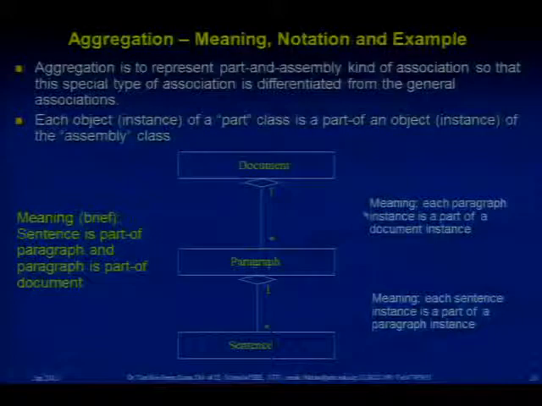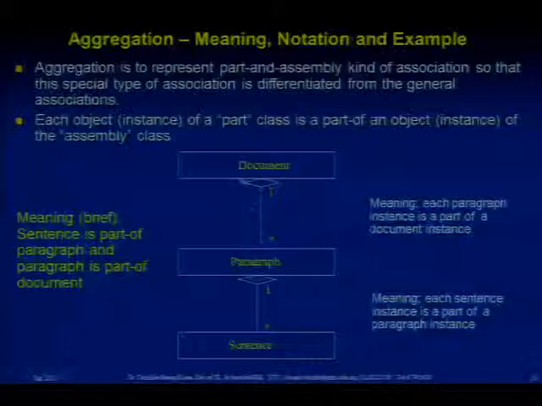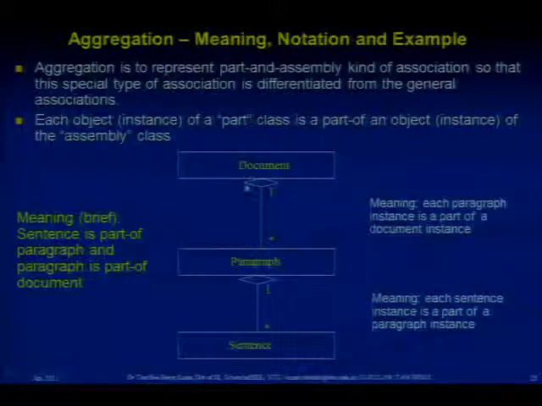So we use aggregation to specify it. This is the notation to define aggregations. Since aggregation is a special type of association, you can see that the notation is also similar to associations. The only difference is we have a small diamond.